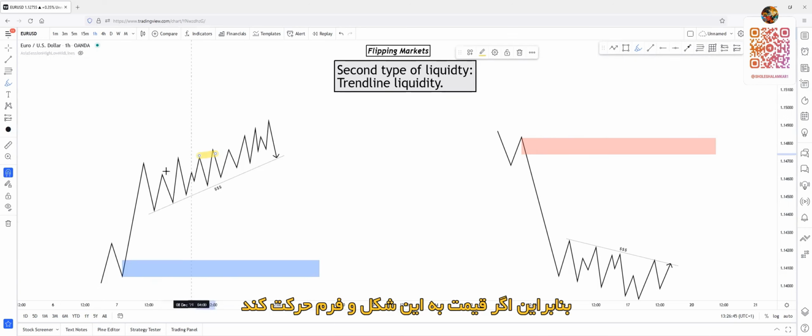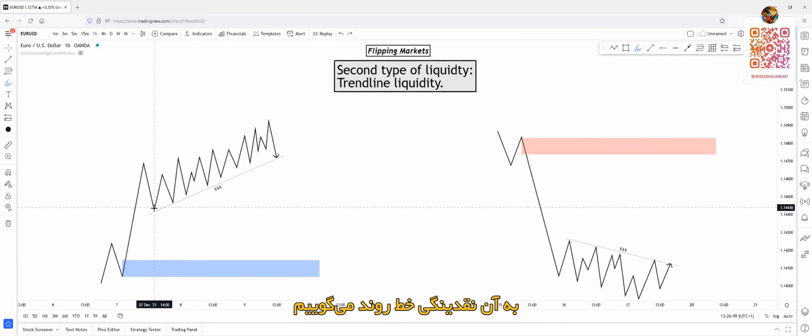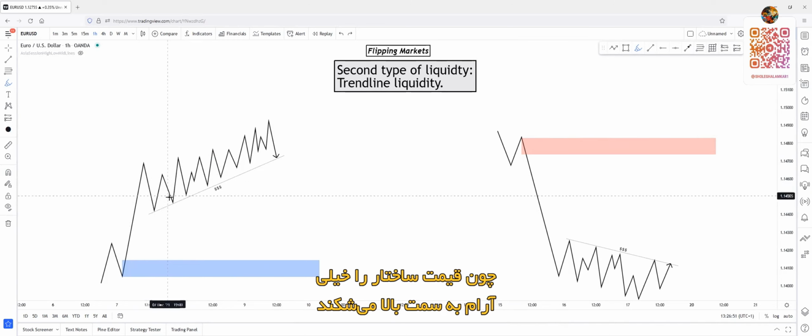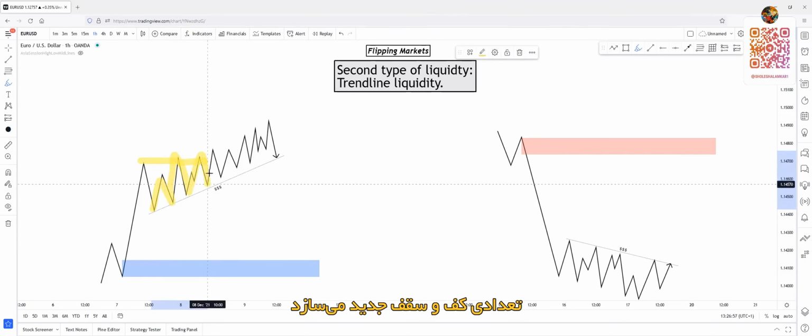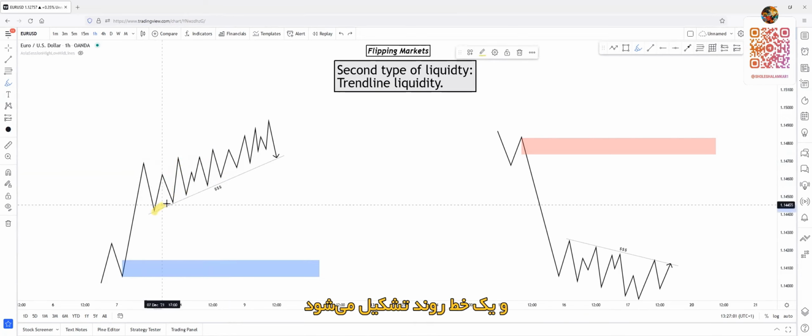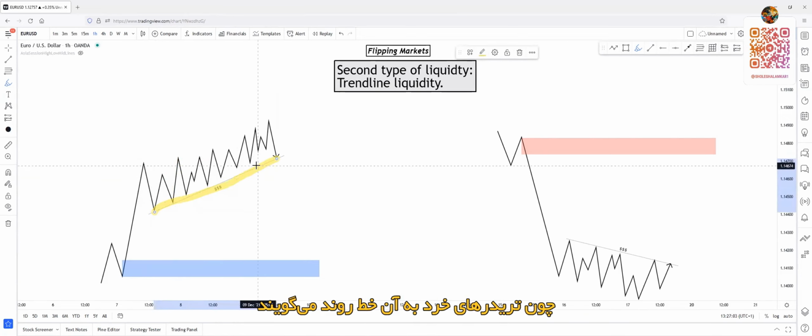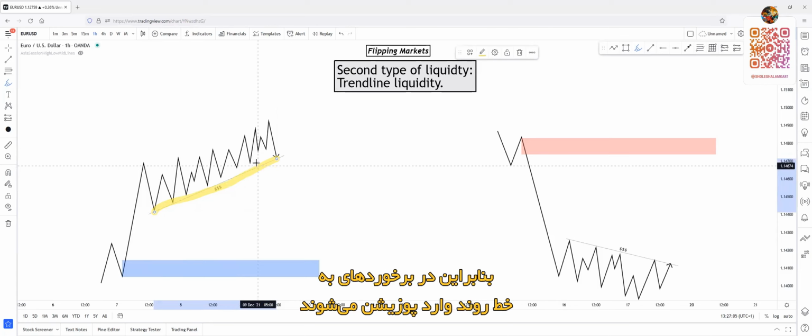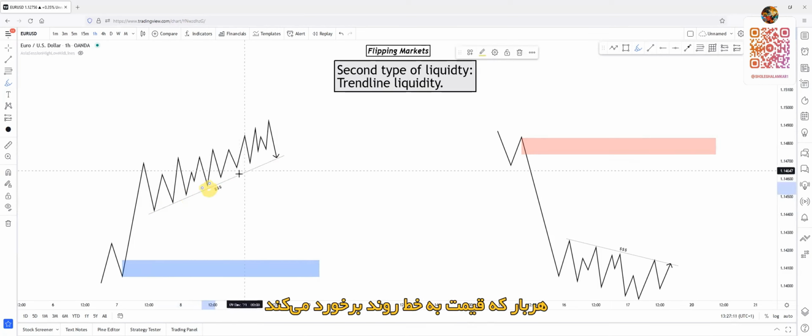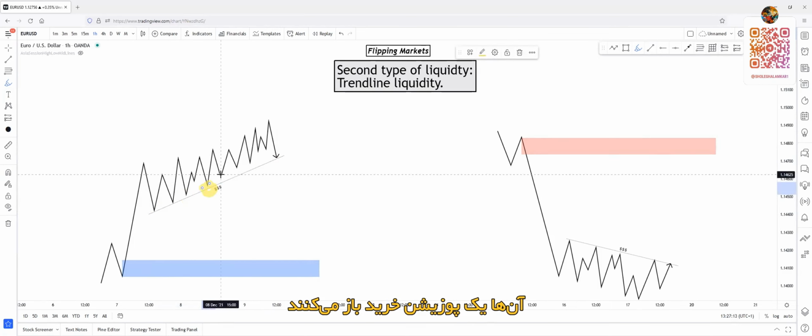So if price turns into this phase, we will call this a liquidity trend line, because price is breaking structure to the upside slowly, creating new highs, new lows, new highs, new lows, and these new highs and new lows will form a trend line, because retail traders call this a trend line, and they will open their positions on the trend line touches.